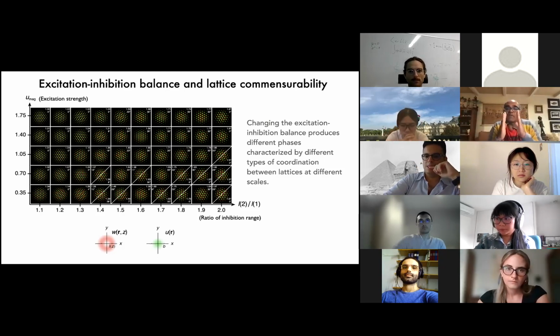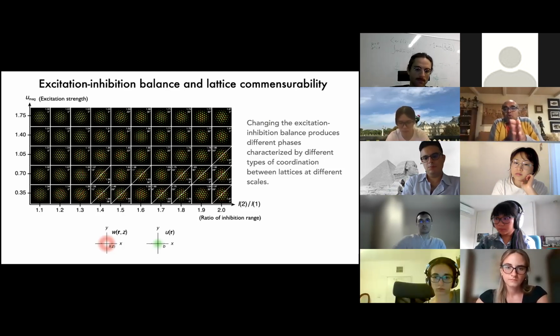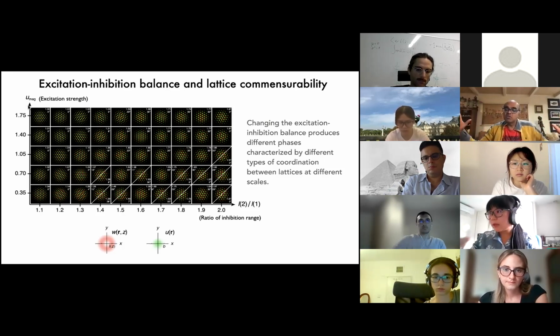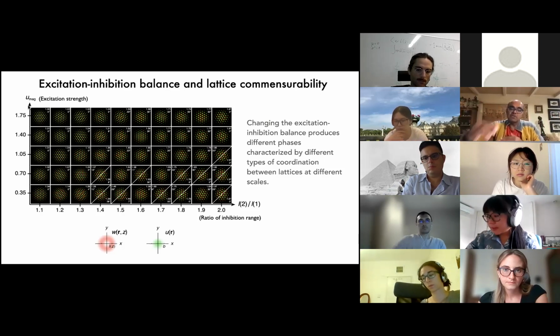Right, so you have a smaller range of inhibition in the first module, and then you have a larger range in the second module. So the bigger L2 over L1 is, the more it's trying to push apart the periods of the grids, and the stronger the excitation magnitude is, the more it's trying to coordinate the periods of the two grids at the two scales.